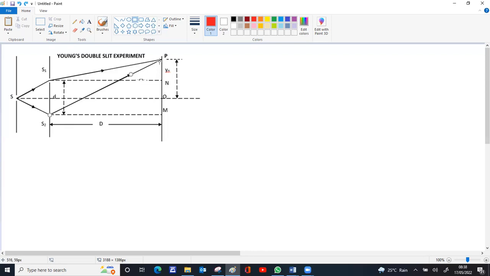The other points on the screen appear bright if the path difference is n lambda, where n is equal to 0, 1, 2, 3. And they appear dark if the path difference is (2n minus 1) lambda by 2, where n starts with 1, 2, 3.